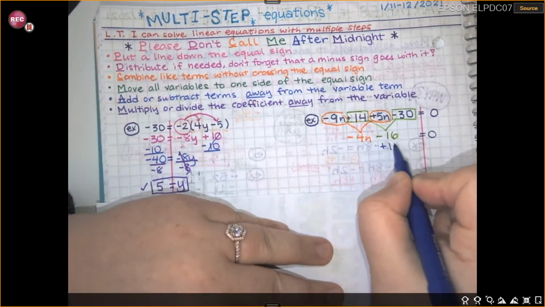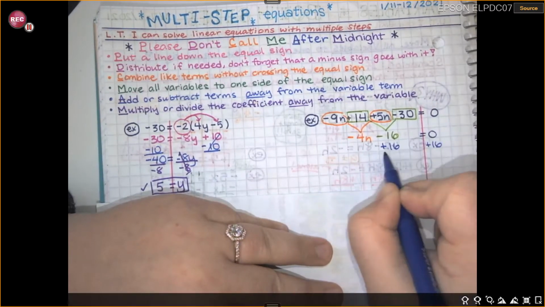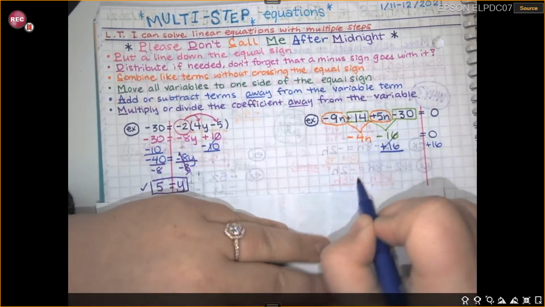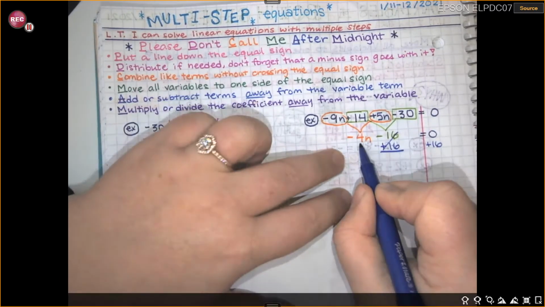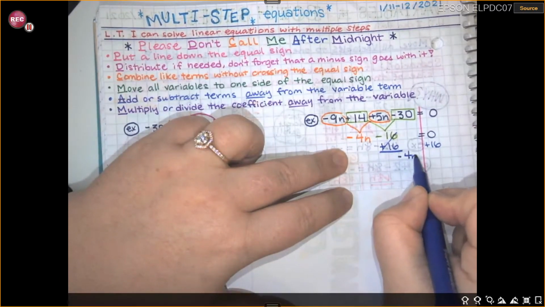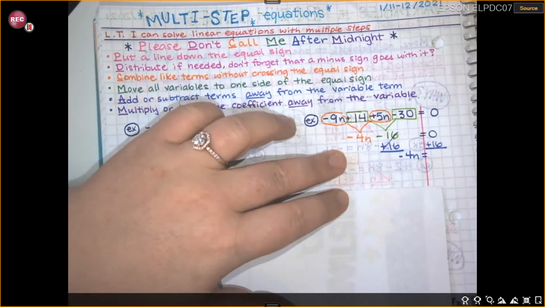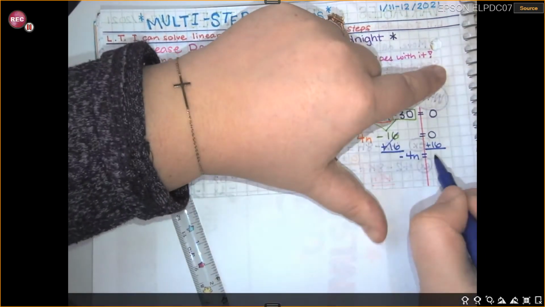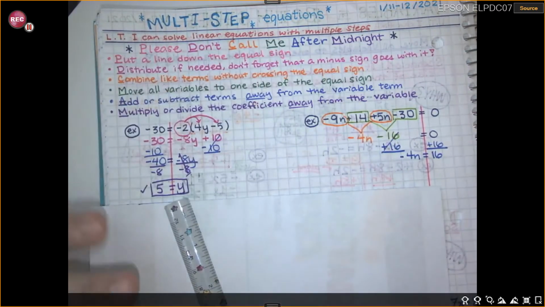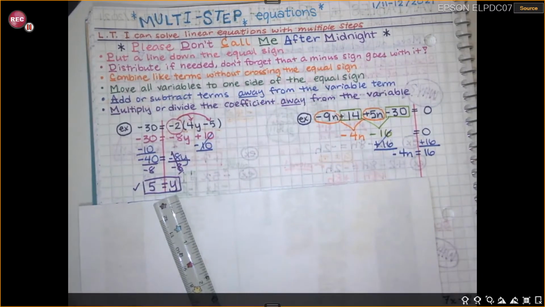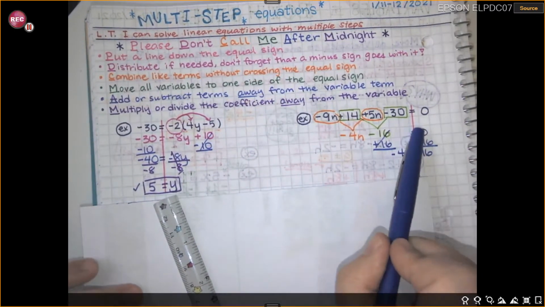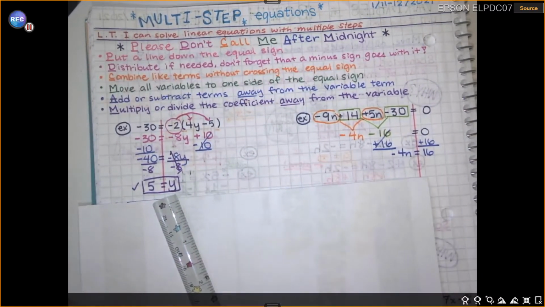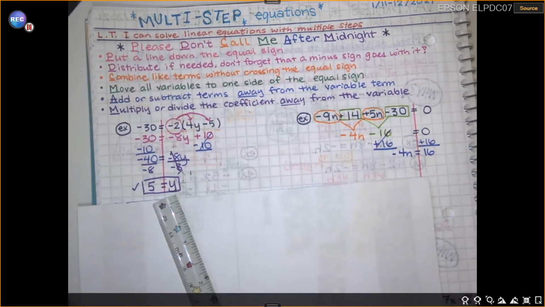It's minus 16, we're going to add 16. So that goes away. That makes 0. So all I have is this negative 4n equals, and then actually this is really easy. 0 plus 16, that's 16. Okay, so it seems uncomfortable when there's a 0 there, but actually it's not a big deal. It's just a number. Just go ahead and do your steps.